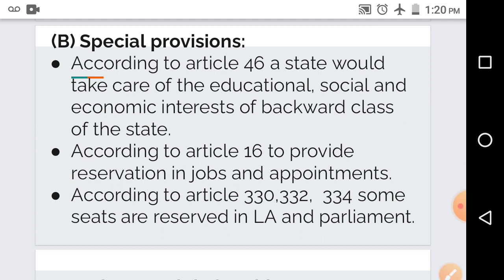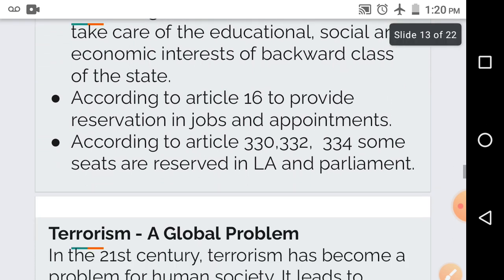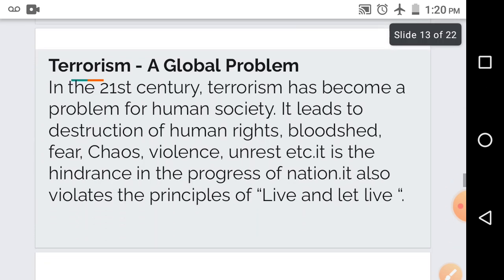Third, according to Articles 330, 332, and 334, some seats in the Legislative Assembly and Parliament are reserved for scheduled castes and scheduled tribes. There is no reservation of seats in Rajya Sabha. Seats are reserved for scheduled castes and tribes in Gram Panchayat and municipality also.